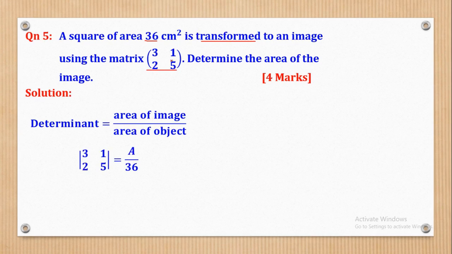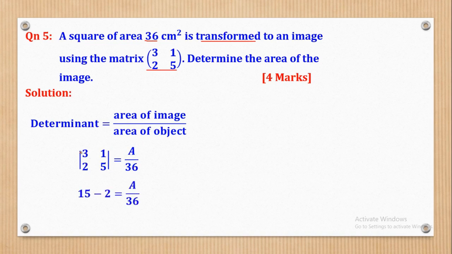Now we know the matrix, so come here, these vertical lines, now realize that these are vertical lines and no longer curved brackets. Now these vertical lines denote determinant of this matrix. And what we have said, we shall let A be the area of the image which is required, and the area of the object is 36, so come and put 36 here.